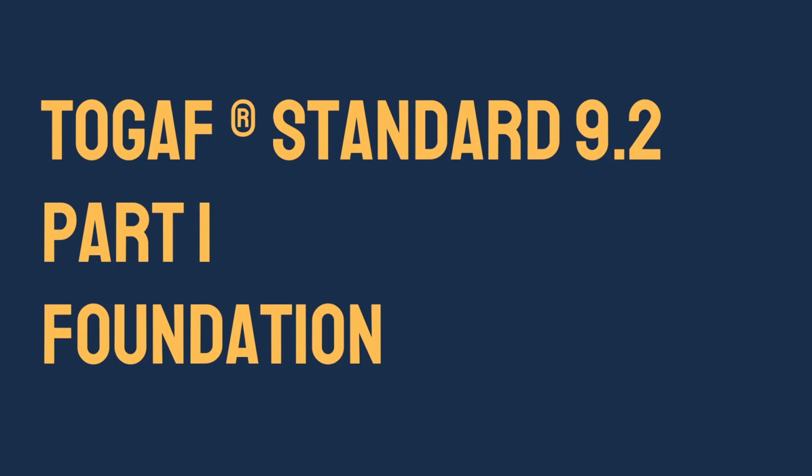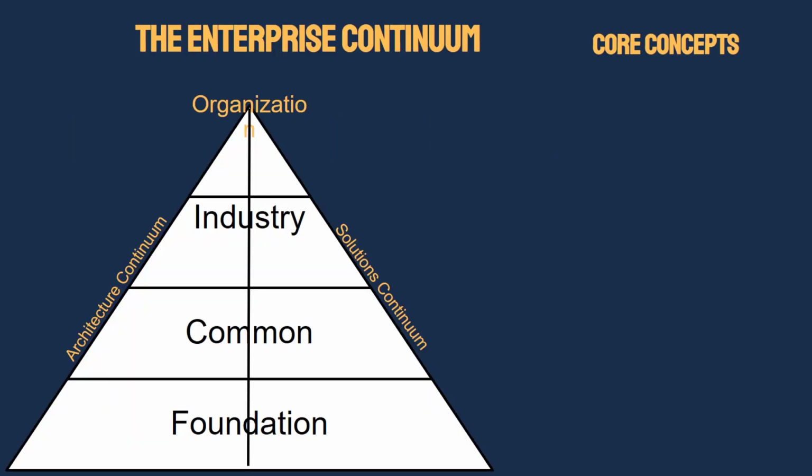Let's explain it once again in a fresh manner. The enterprise continuum contains information organized from very generic to highly organization-specific. This includes the foundation level, common level, industry level, and finally specific to the organization.